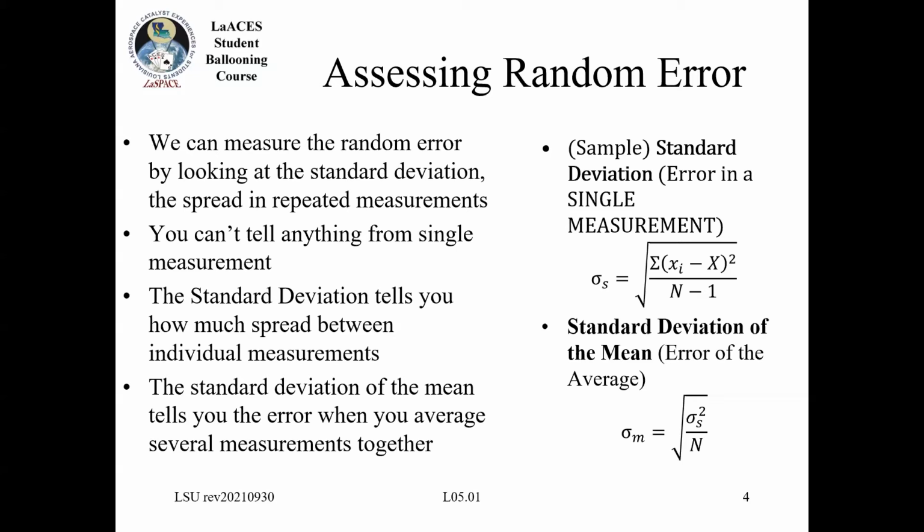The standard deviation of the mean is exactly what it sounds like. It's the error of the mean. So if I'm taking the average of all these values and I want to report an error for it, I want to actually use this standard deviation of the mean, which is the lower equation here. And it's basically just the sample standard deviation over the square root of the number of measurements, right?